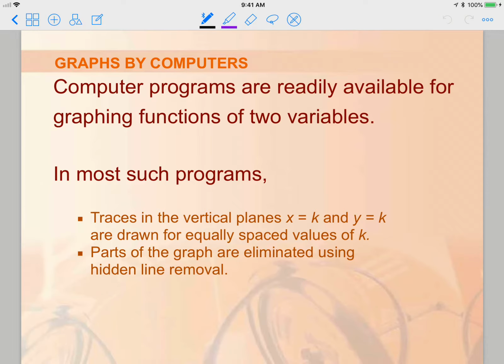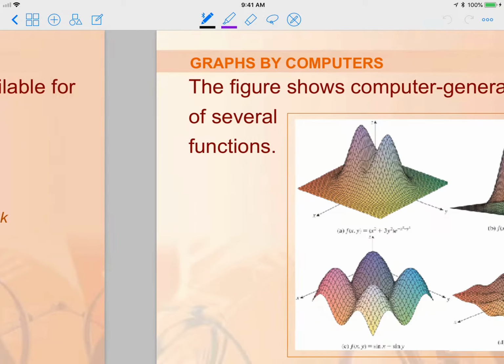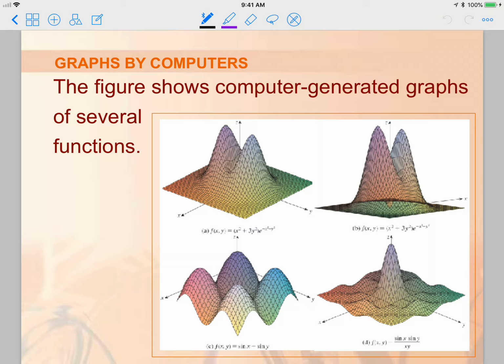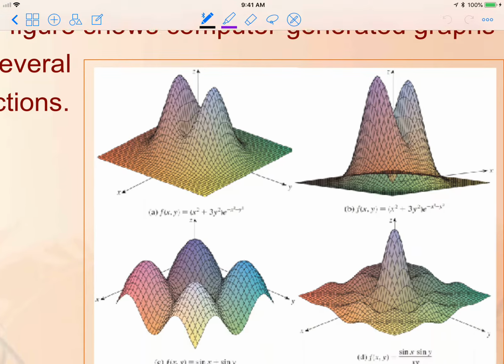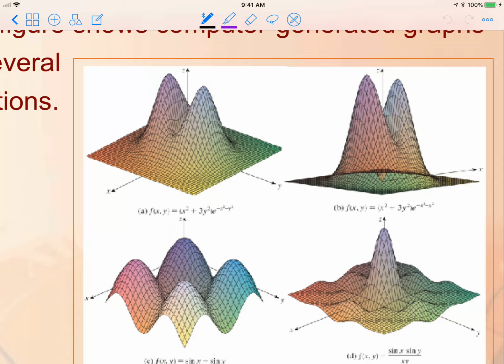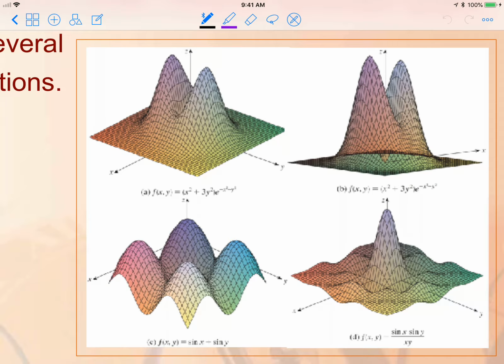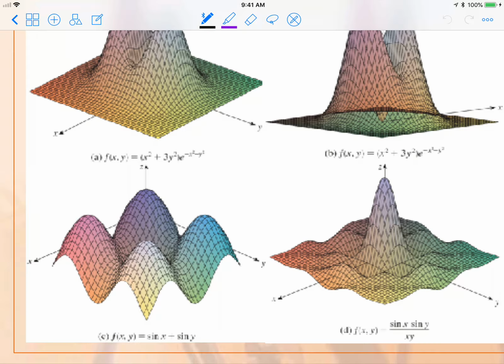So, graphs by computers. Computer programs are readily available. We know about them. We've been using them, working with them. And you can see the pretty graphs here. All of these are referenced in your textbook. But the key is that these are no longer just quadratic surfaces. You can do things with sine and cosine.